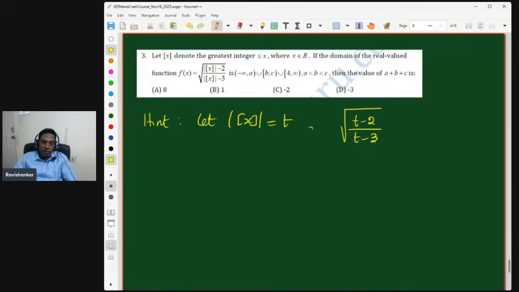It's not f of t, we will call it some g of t. To find the domain of g of t, you will get a condition on t, then you will get a condition on mod of greatest integer x. Then you have to systematically solve it.